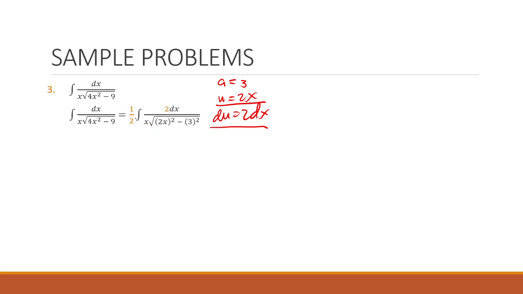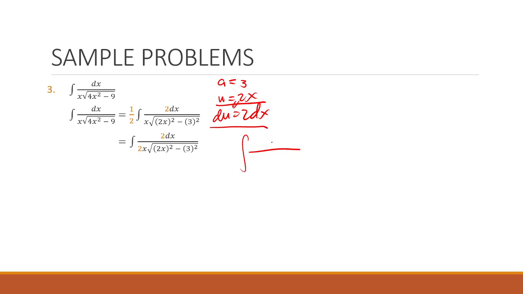Kaya lang, in this case, we have an extra factor, 1/2, for which ang 2 we can use to satisfy u outside the radical para maging 2x siya. So, i-redistribute natin ang 1/2 para maging 2x sa baba outside the radical, which will now satisfy the formula for arcsecant. Okay?